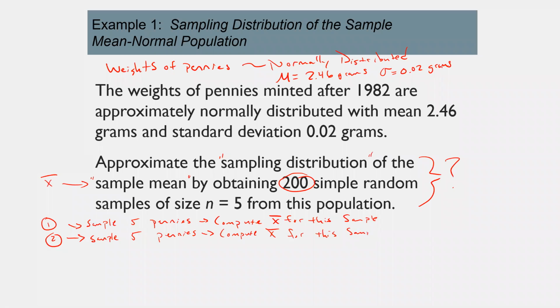And how many times did I say that I'm going to do this? What does it say here? How many simple random samples am I going to obtain? Okay, I'm going to do this 200 times.